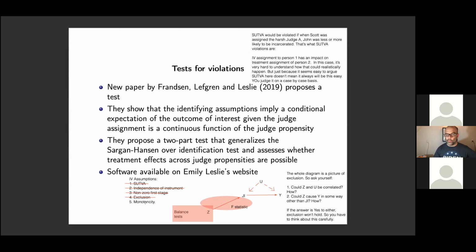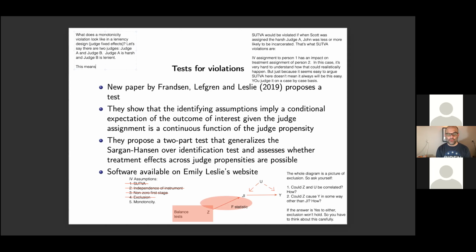So now we're down to monotonicity. What does a monotonicity violation look like in a leniency design with judge fixed effects? Let's say there are 2 judges, Judge A and Judge B. Judge A is harsh and Judge B is lenient, okay?